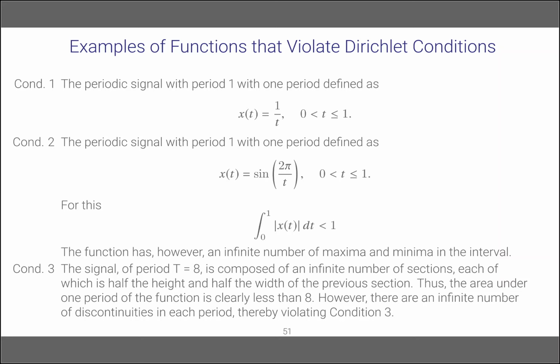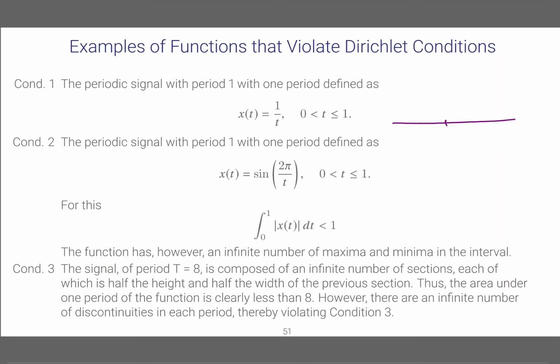So the first signal violates condition 1. It is a periodic signal with period 1, with one period defined as 1/t. So if you look at this signal, when t is 0, this is infinite, and when t is 1, it is like this. Then the second signal is a periodic signal with period 1, with one period defined as sin(2π/t).